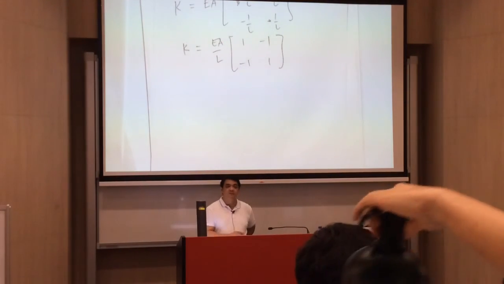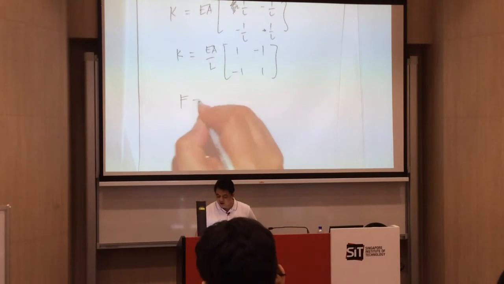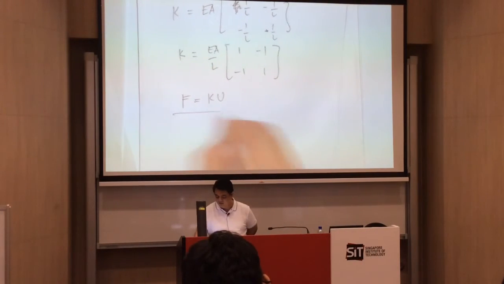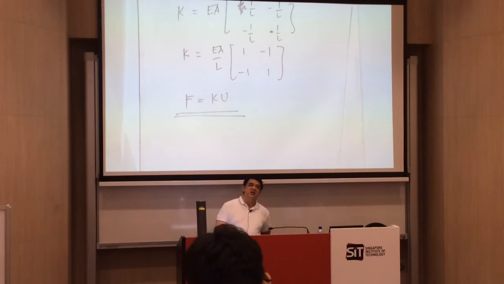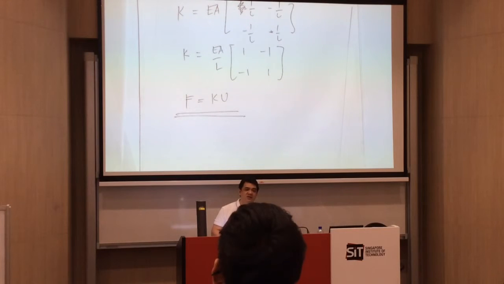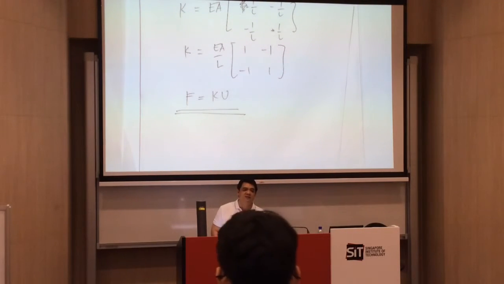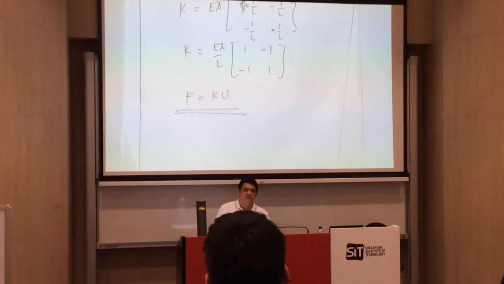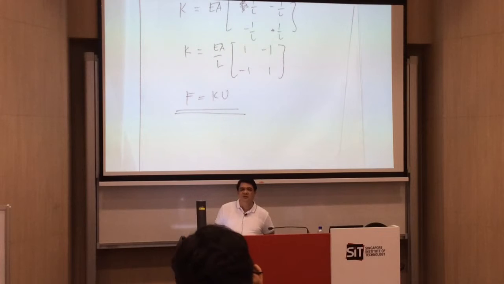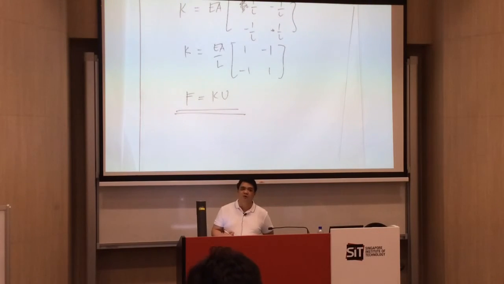So by the way, to be able to solve for your displacement, we have this one here. But what you see in your FE simulation is that you're able to get the stress. So how can we deduce the stress from all of these? Take note that to determine the stress, you must also have your shape function.